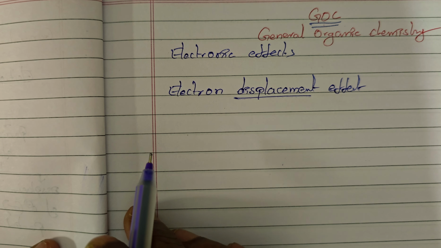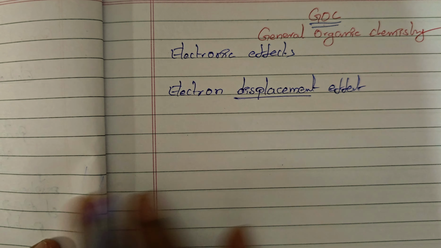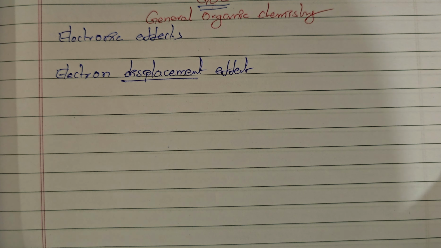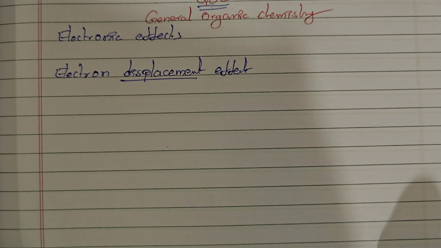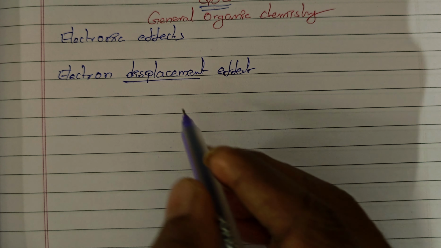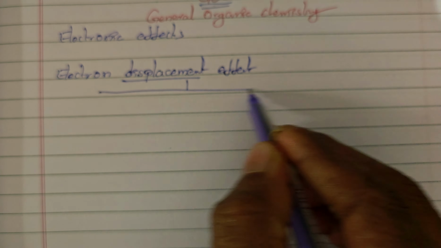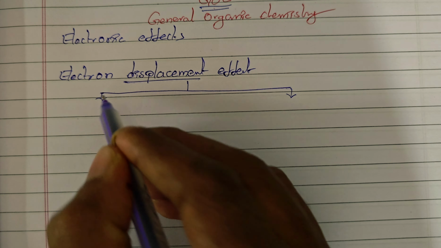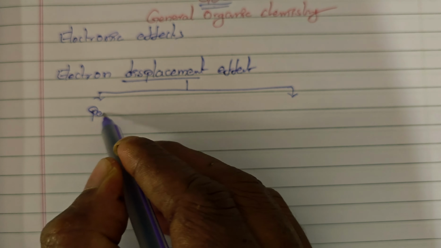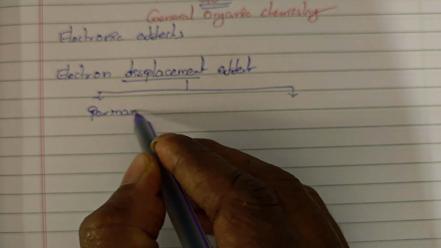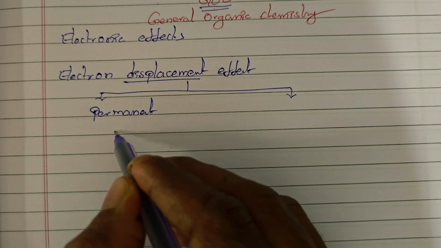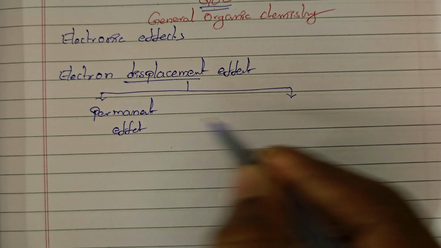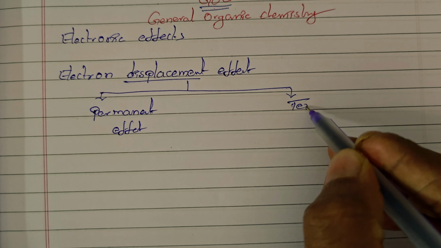Displacement means that in the carbon chain, electron density is moving from one carbon to another carbon. That is nothing but electron displacement. But this electron displacement affects two types, that is permanent effect and temporary effect.